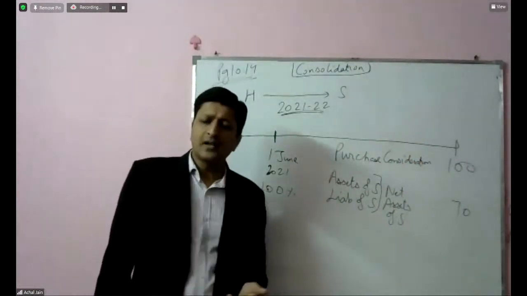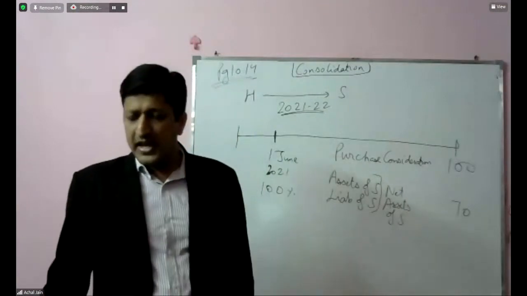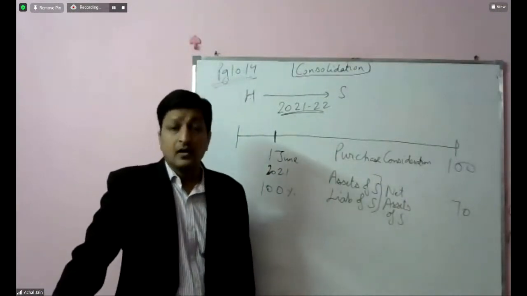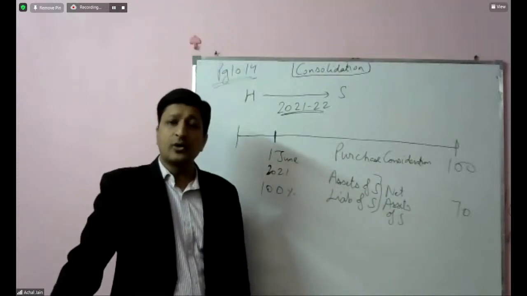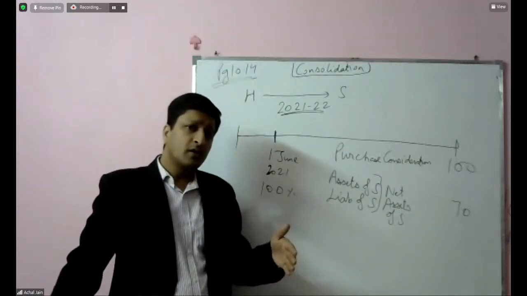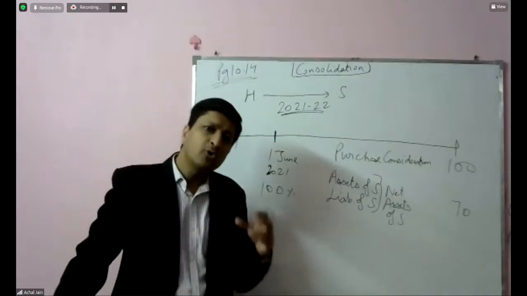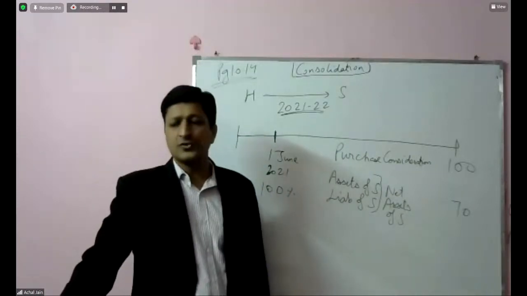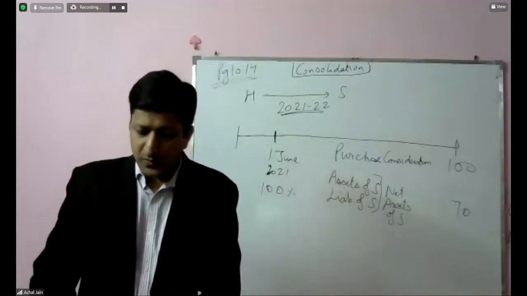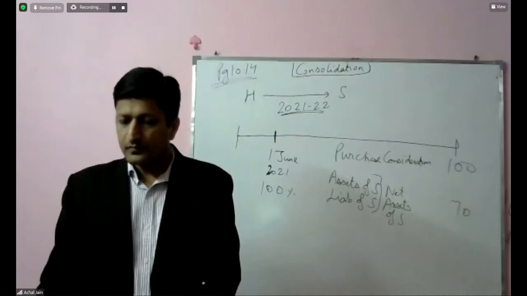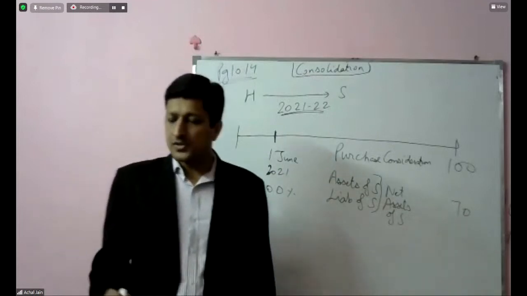So can you tell me what will happen in this scenario? How will you record this? If you look at the current scenario, H has paid more and got less assets. So how do you record this? What is the situation called? I'm sure all of you would be knowing the answer. I'm waiting for a response quickly.